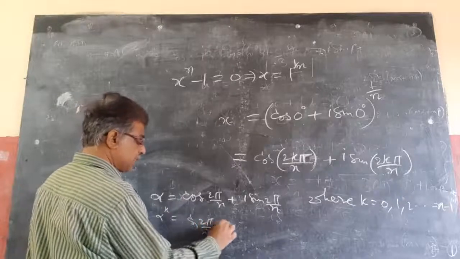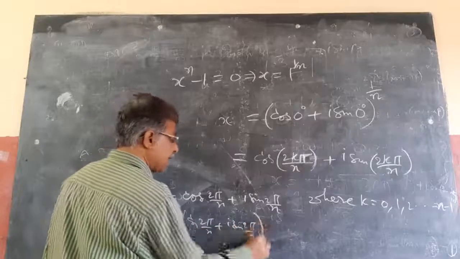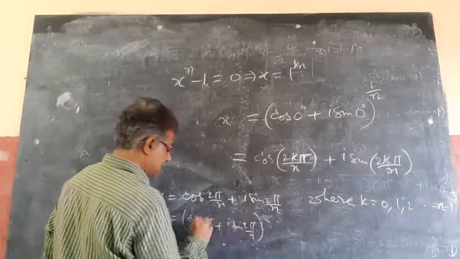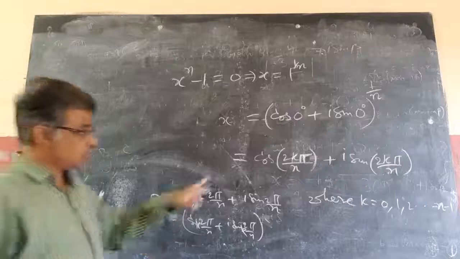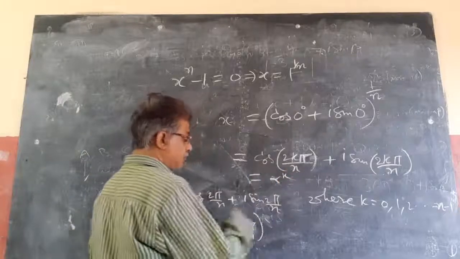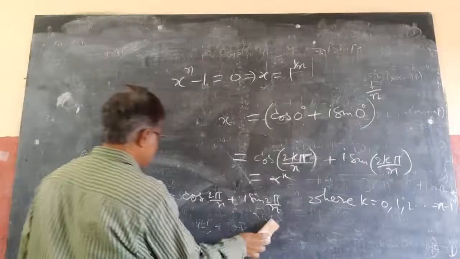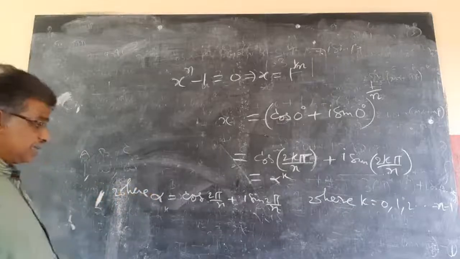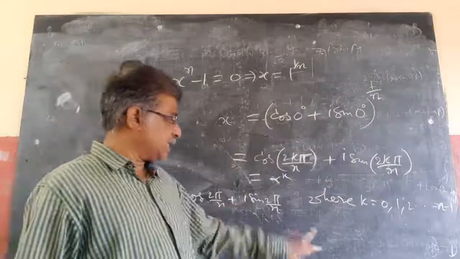Alpha power k means, according to De Moivre's theorem, this k comes here, (cos 2π/n plus i sin 2π/n) whole power k. So I can write it as alpha power k, where alpha is cos 2π/n plus i sin 2π/n.